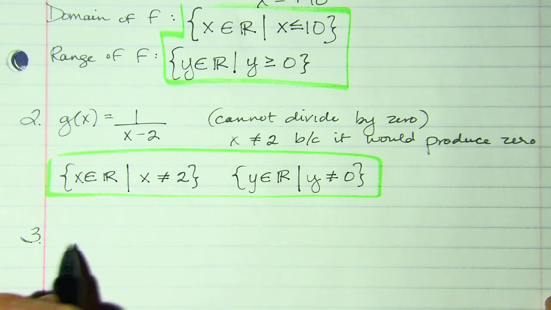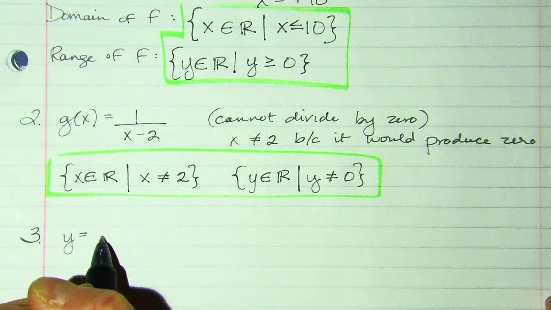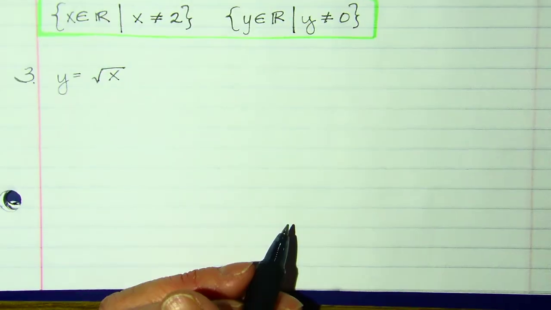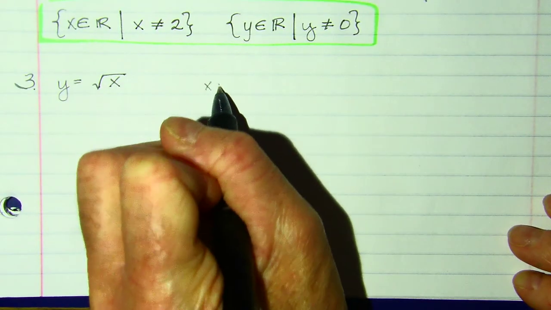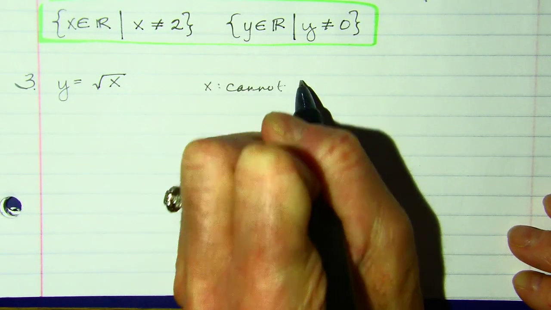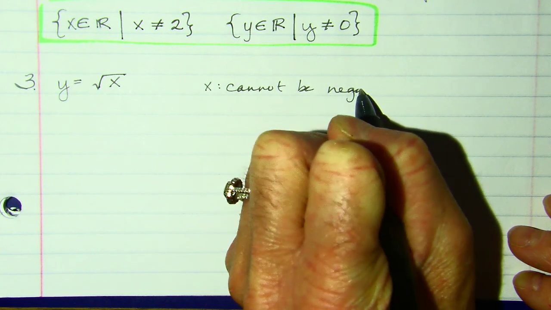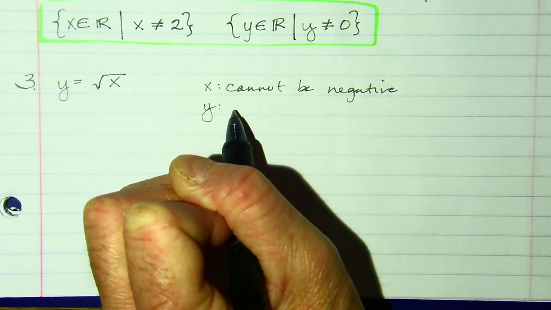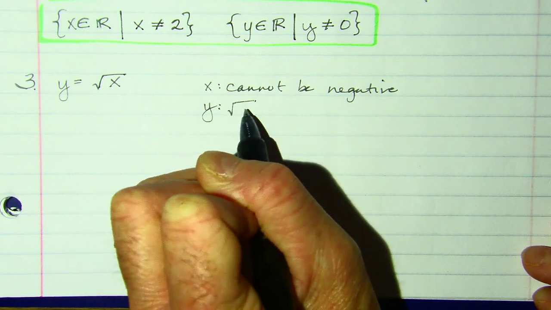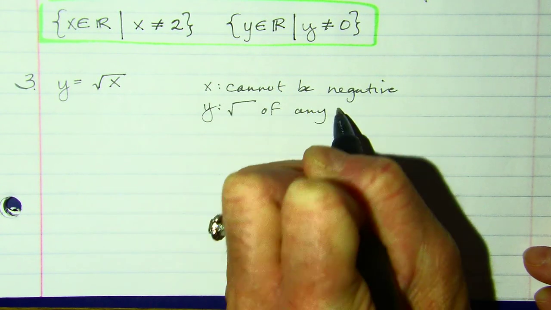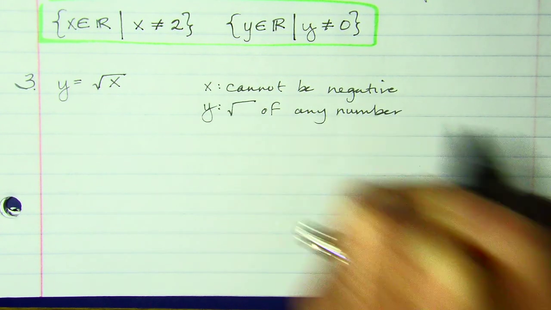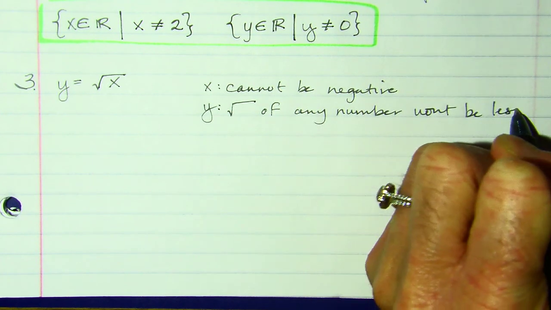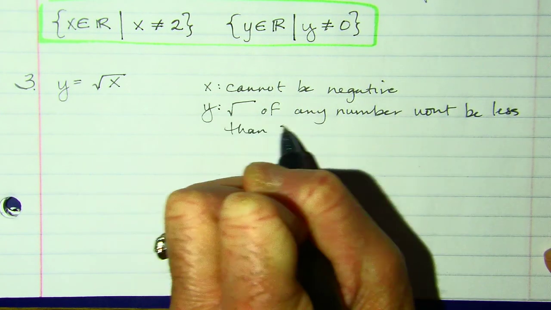Let's start real basic. Y equals the square root of x. Okay. So let's talk about x. X cannot be negative. And if we talk about y, the square root of any number won't be less than 0, right?